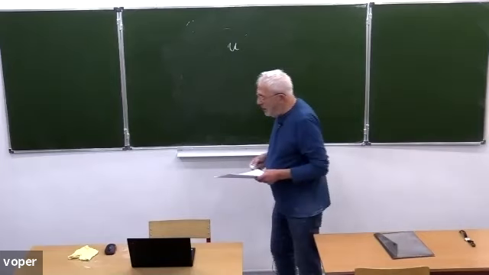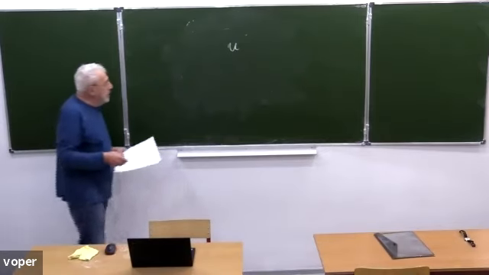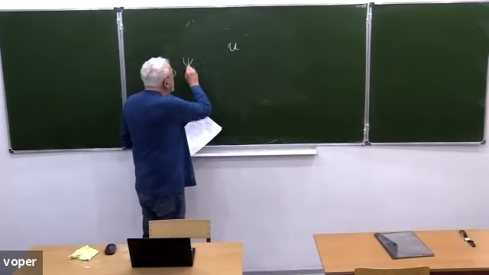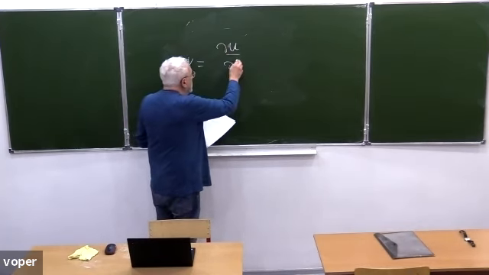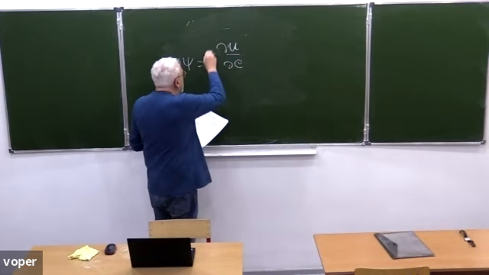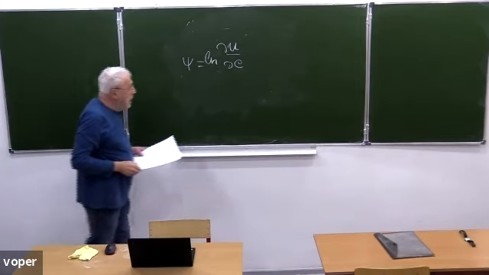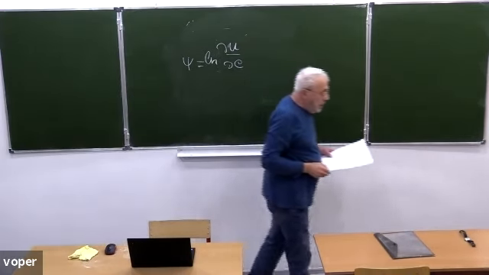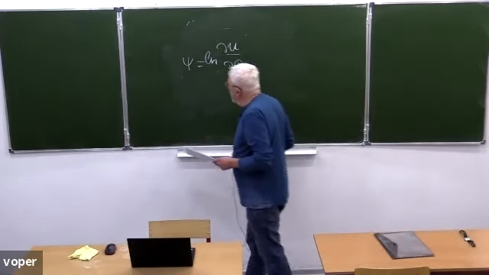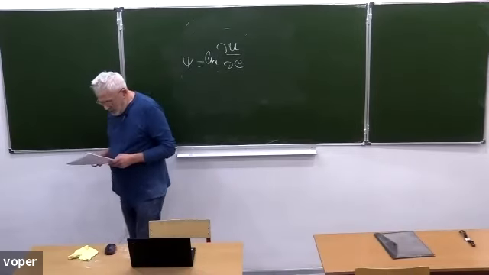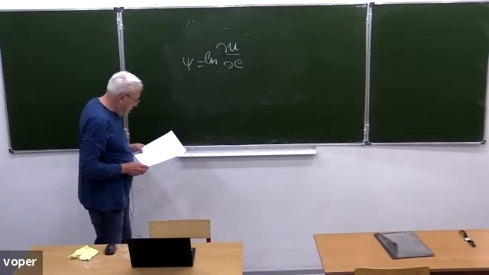Then it contains some arbitrary constant, say C. Consider the function psi, which is du over this constant and logarithm of this derivative. Then this psi satisfies the following property.